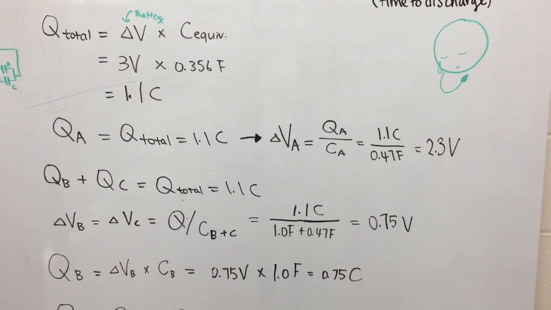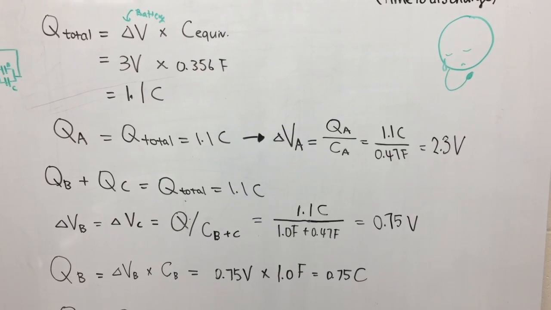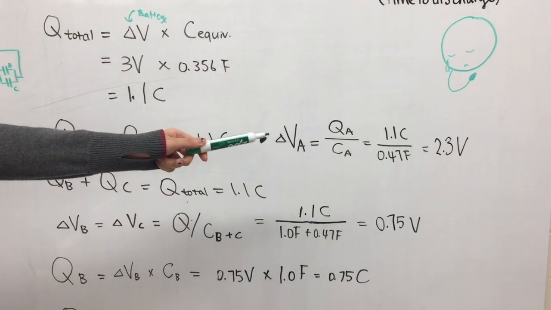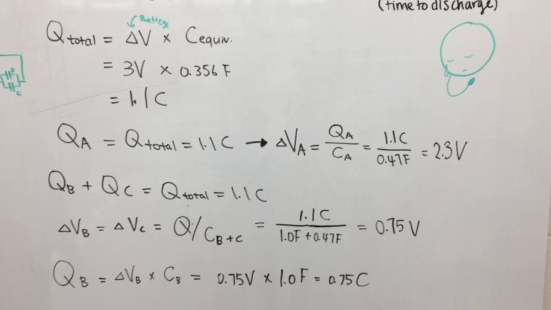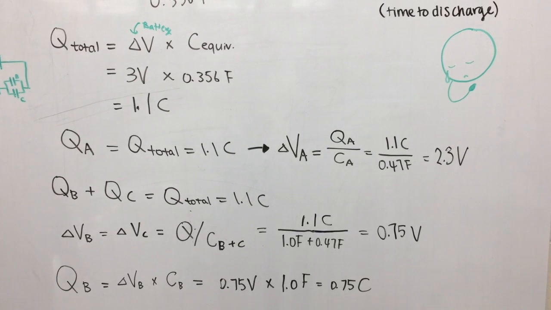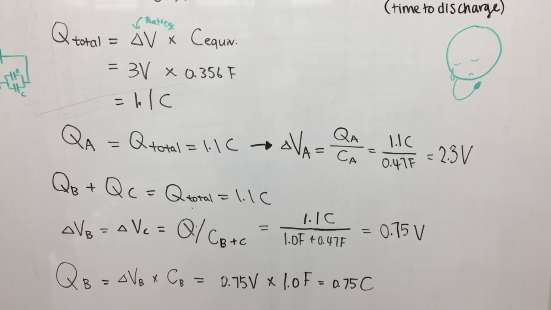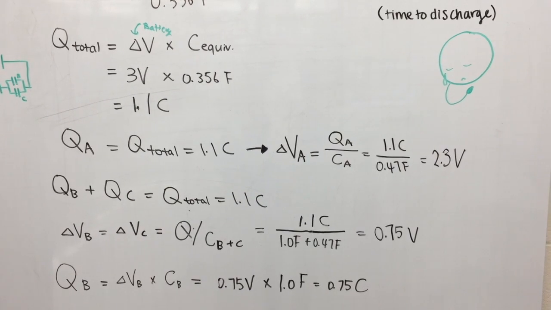So our calculation does make sense because the potential difference across A and the potential difference across B or C do add up to a total of 3 volts, which is the voltage generated by the battery. So we are really puzzled why our calculation does not match with the results that we observed from the circuit.